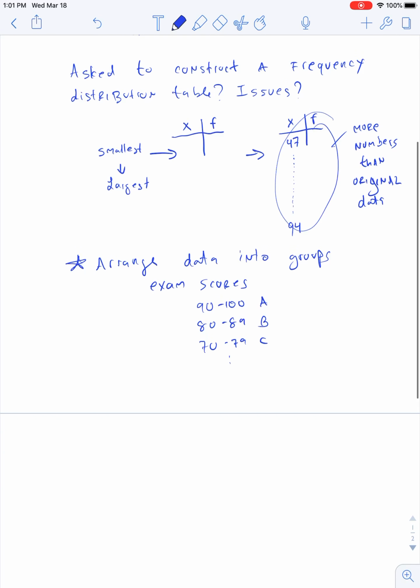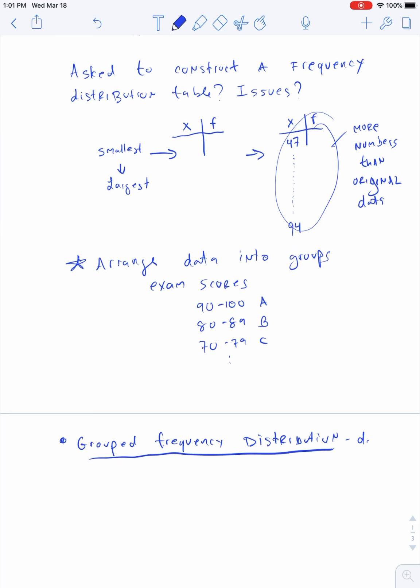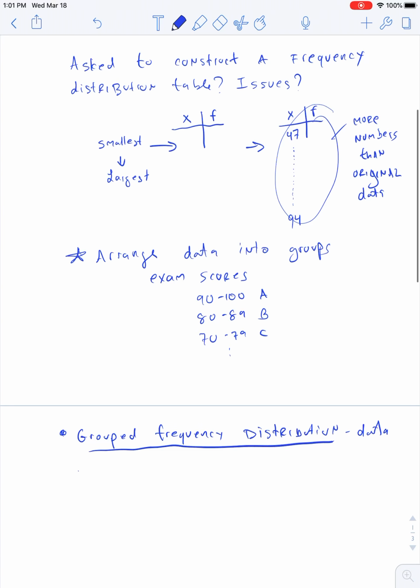We call this a grouped frequency distribution, where your data is organized by groups or classes.